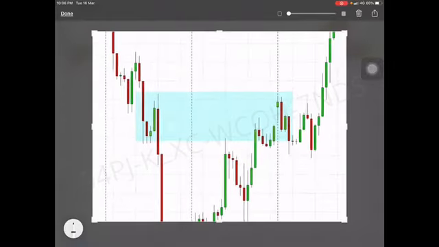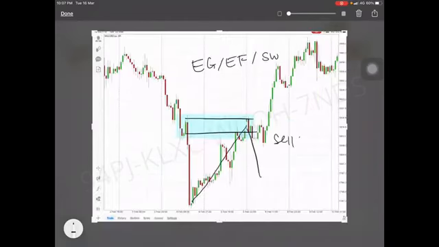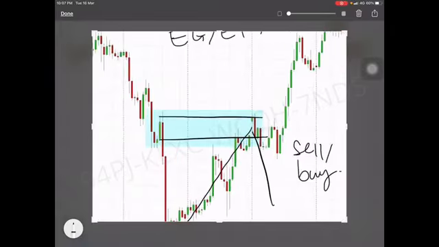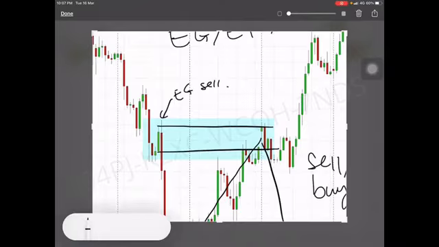Do you see any? So this is your engulfing sell. When the price comes here, are we looking for sell or for buy? Buy. Why buy? Yes, engulfing sell, so we are looking for sell.